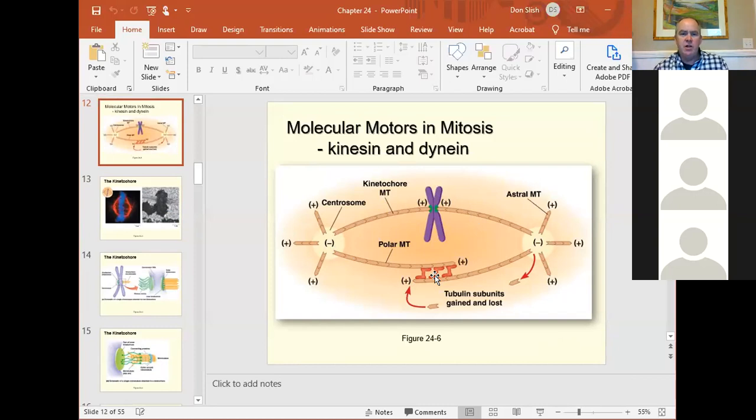But these are going to be polymerizing, getting longer as the cell elongates. And you've got, again, some kinesins here, because kinesins are walking in the plus side. And as they walk to the plus side, they force those microtubules away from each other and force that cell to become more elongated. And then the last microtubule is the astral microtubule.